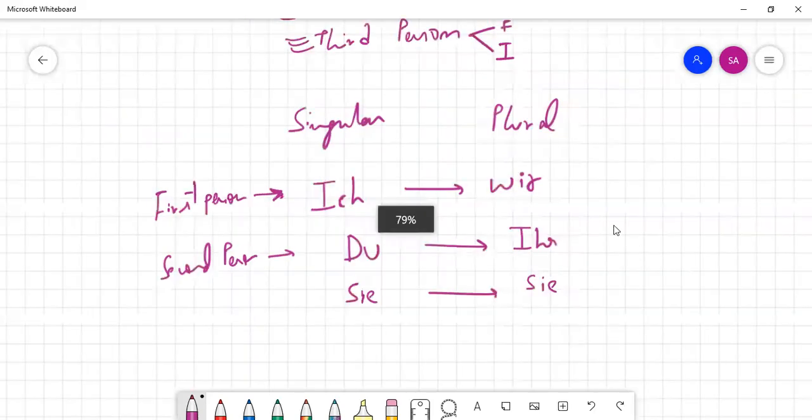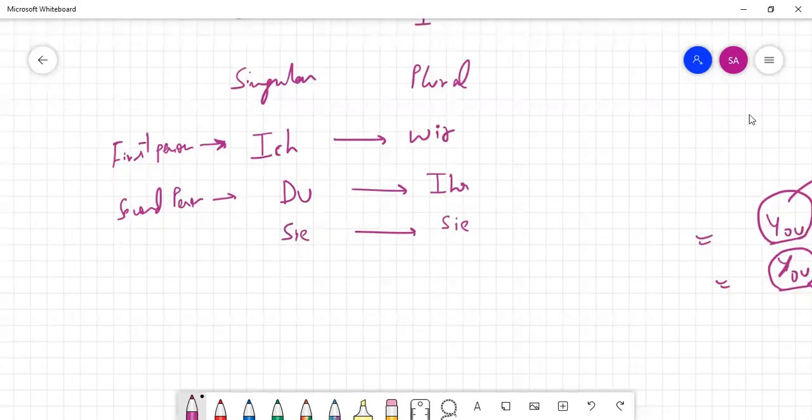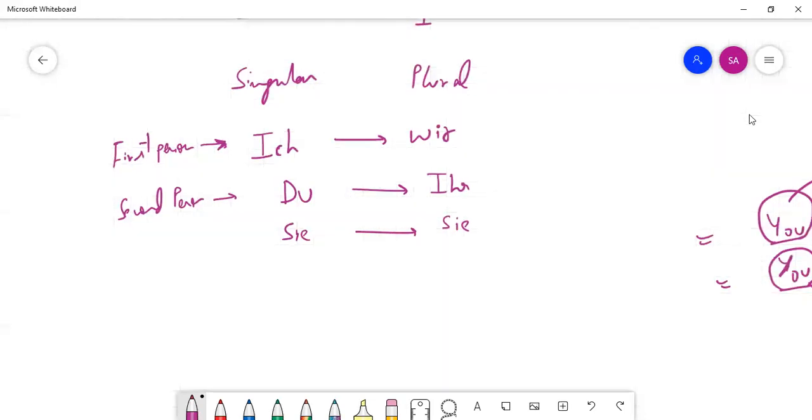Okay, so Sie will be the same if I'm talking to my grandfather, or if I'm talking to a group of people who are of the same age as my grandfather. So I'm just taking an example. If I'm talking to a police person, and if I'm talking to a group of people who are all police, then in both cases it will be Sie. With examples it will be more clear.